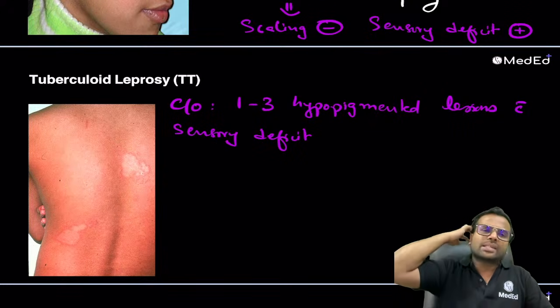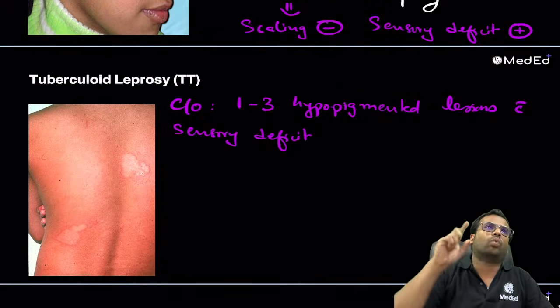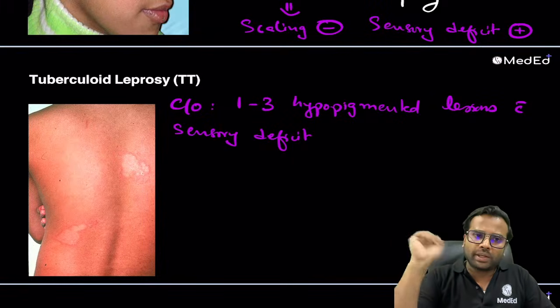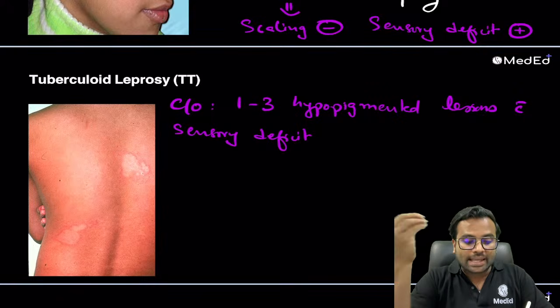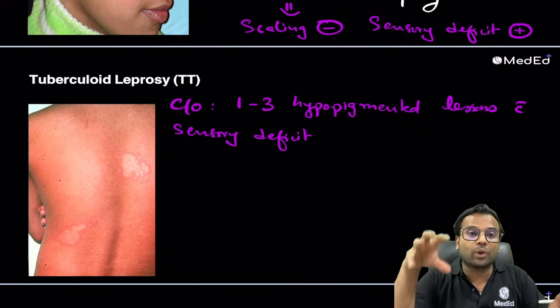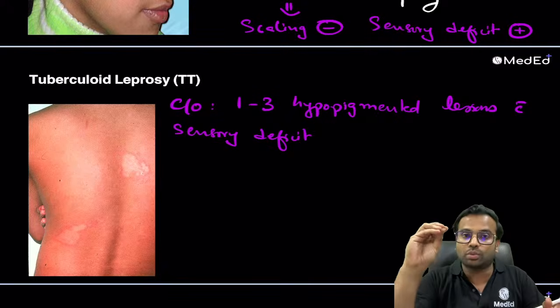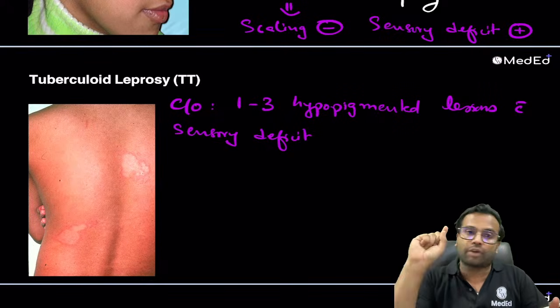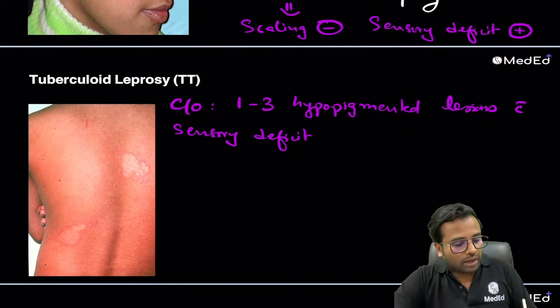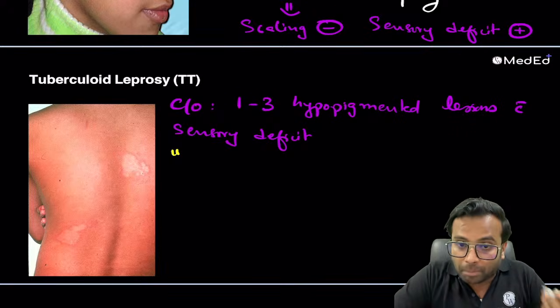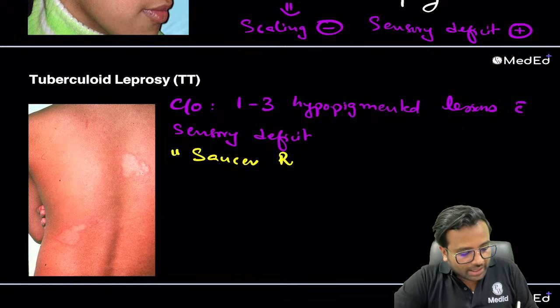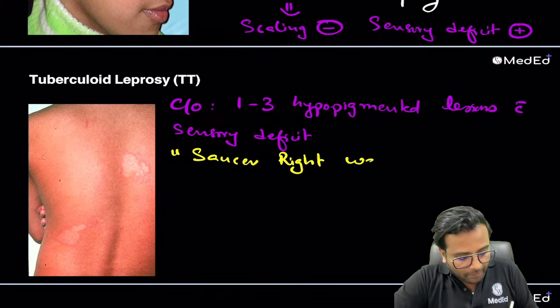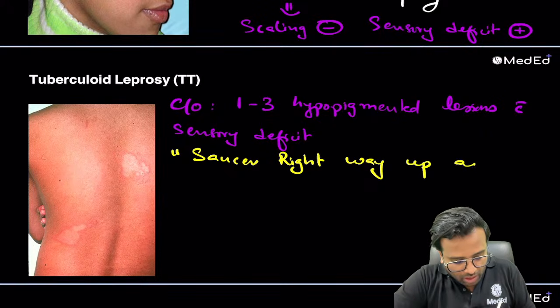Now, in this case, where a patient is having 1 to 3 hypopigmented lesions along with sensory deficit, for exam purpose, how do you compare the lesions of tuberculoid type of leprosy? This is quite important. Tuberculoid type of leprosy has been compared to a saucer with a right way up appearance.